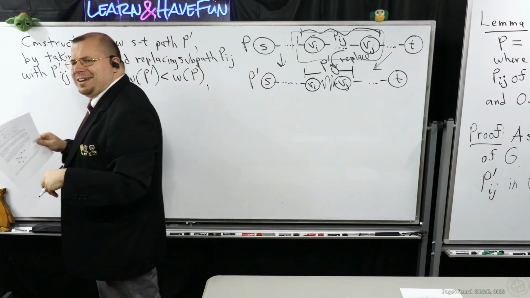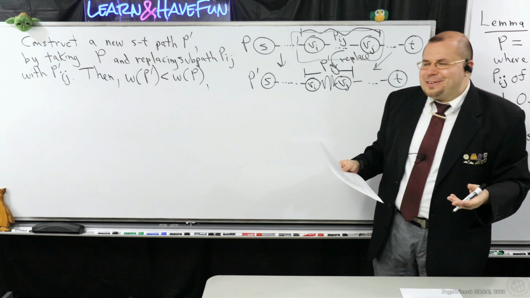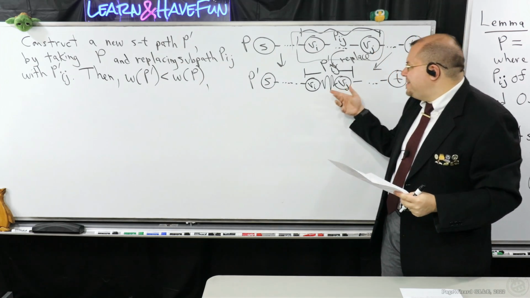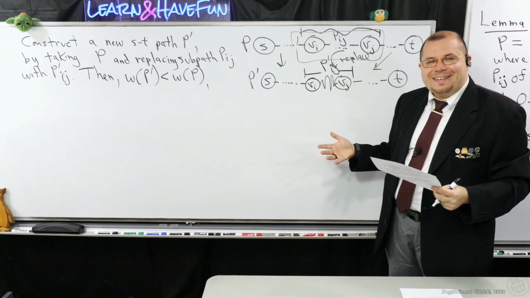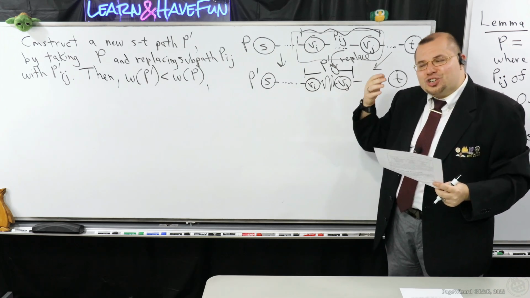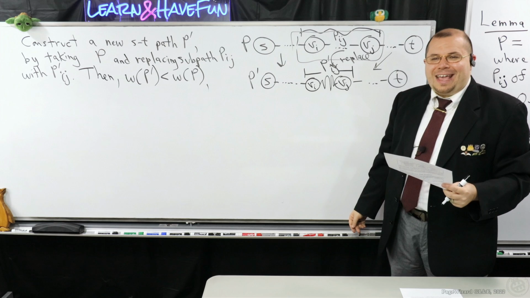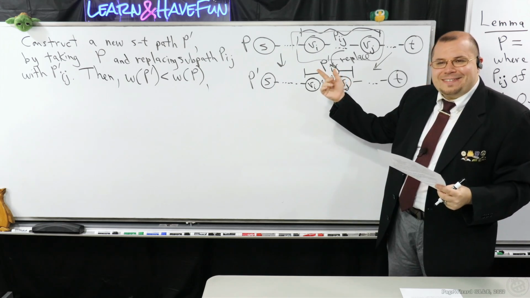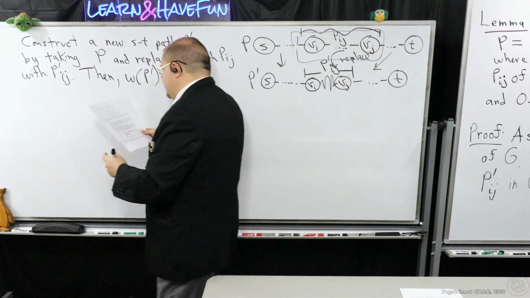But what does that mean? Can that happen? Is this possible? What is P? P is the shortest ST path. So can P prime exist? No, it can't.